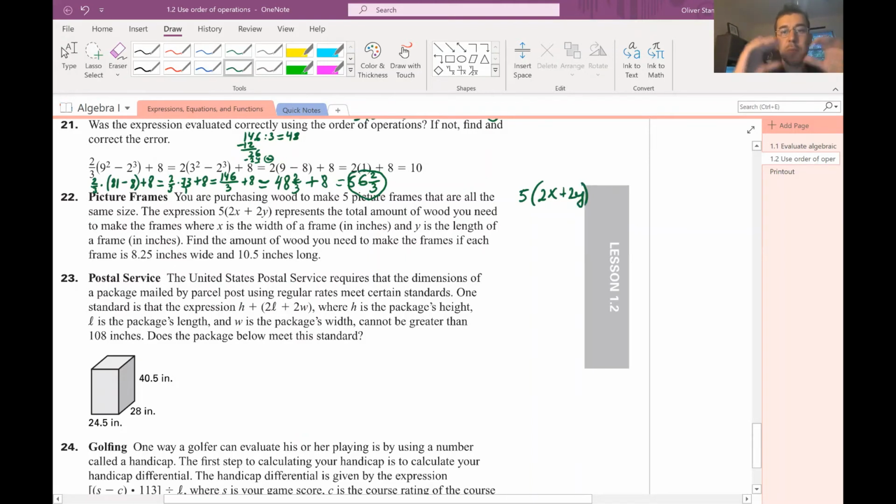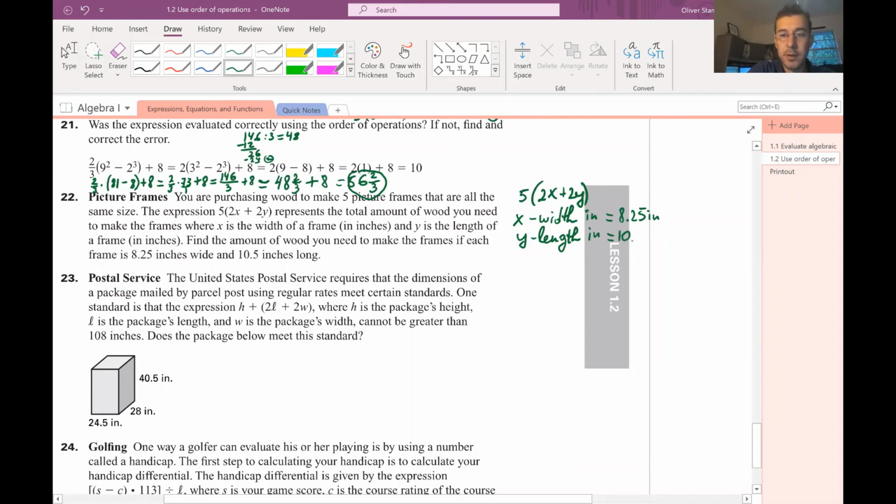It represents the total amount of wood you need to make the frames, where x is the width of the frame in inches, and y is the length of a frame in inches as well. Find the amount of wood you need to make the frames if each frame is 8.25 inches wide. So the width is 8.25 inches, and 10.5 inches long, or length.